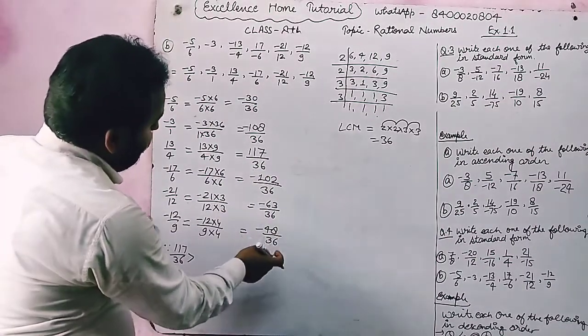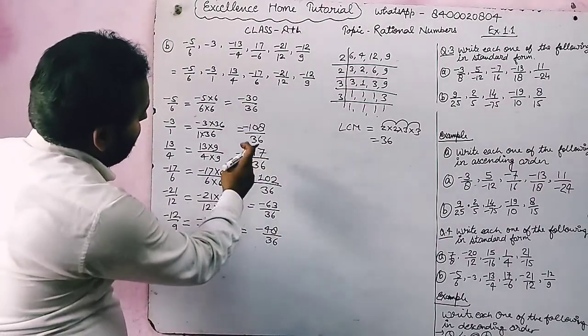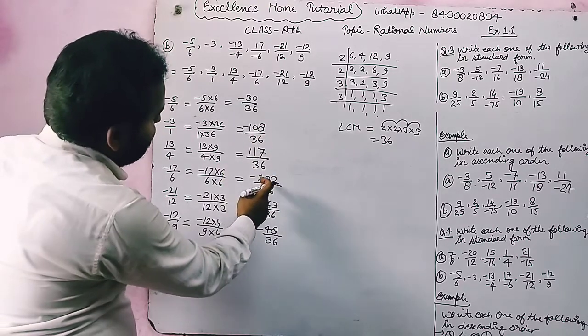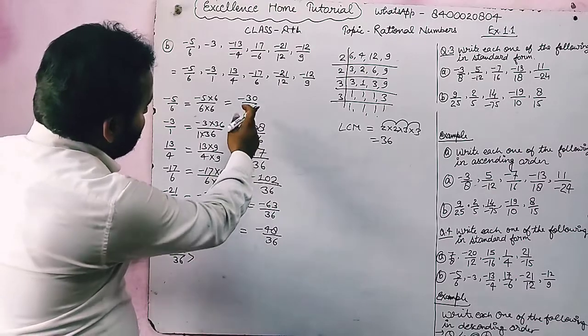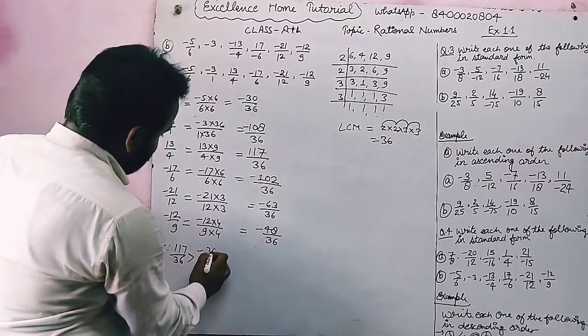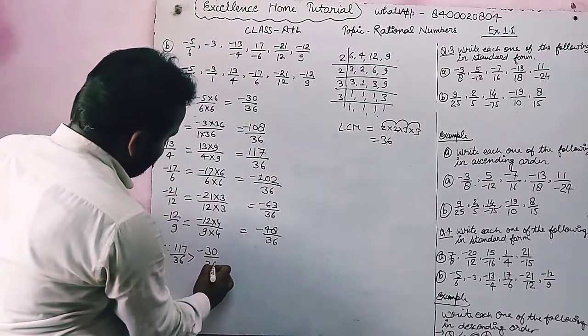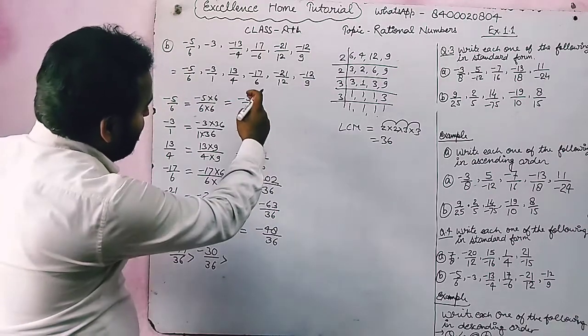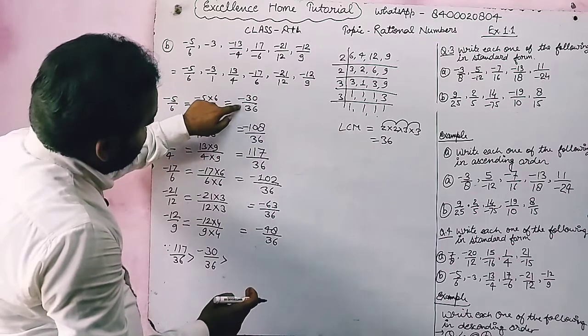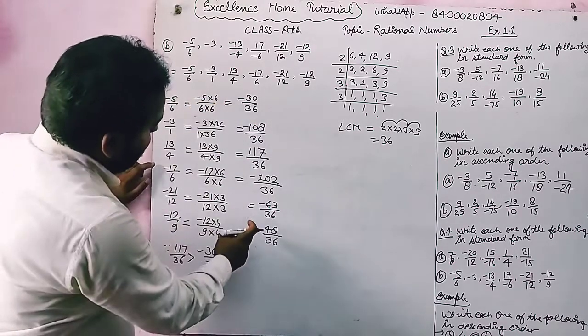After that we can compare minus 30, minus 108, minus 102, minus 63 and minus 48. Among negative numbers, the one with the smallest magnitude is greater than the others.